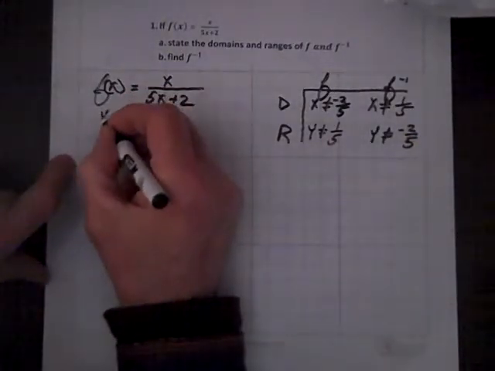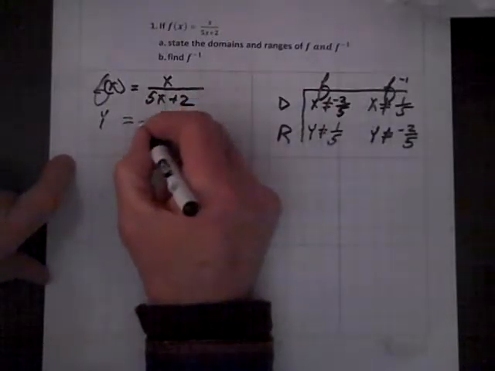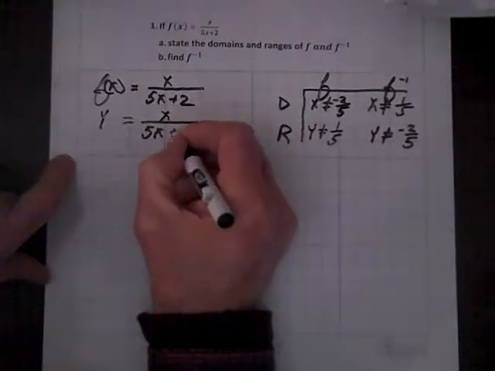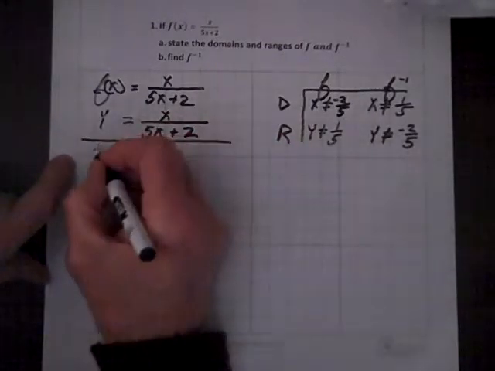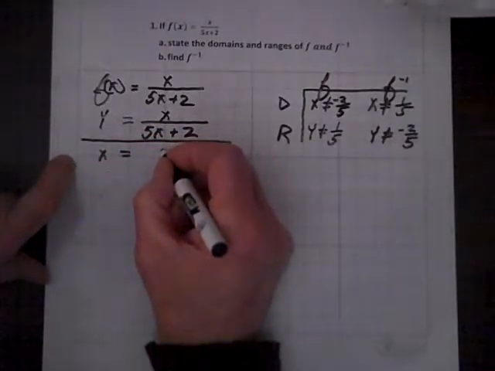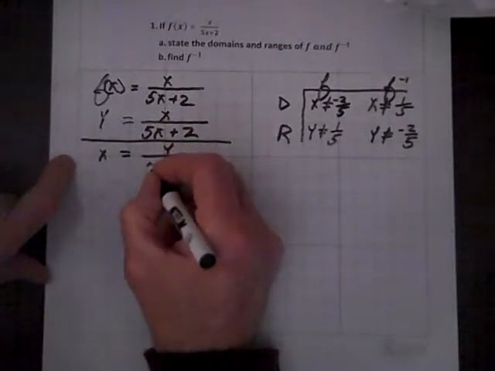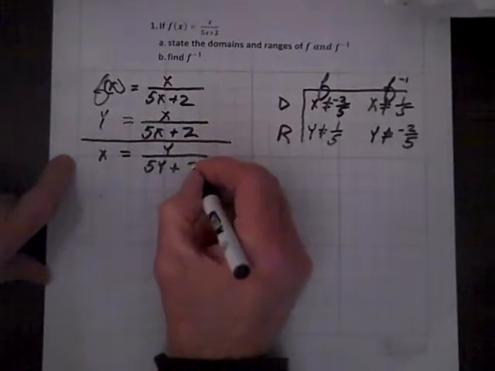So now we'll replace f of x with y, and we get y equals x over 5x plus 2. And now we'll exchange x and y, and we get x equals y over 5y plus 2.